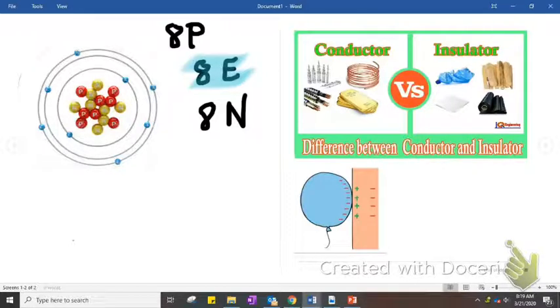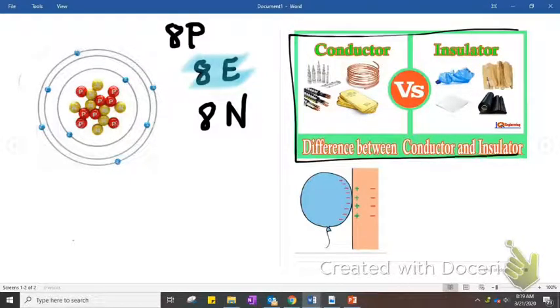Okay, so it comes back to conductors and insulators over here. Let's focus over here now. And then we're going to come back to the atom. Some atoms hold on to their electrons really well. They're called insulators. They don't allow electrons to flow as easily. In order to make the electrons move, you have to apply a force.